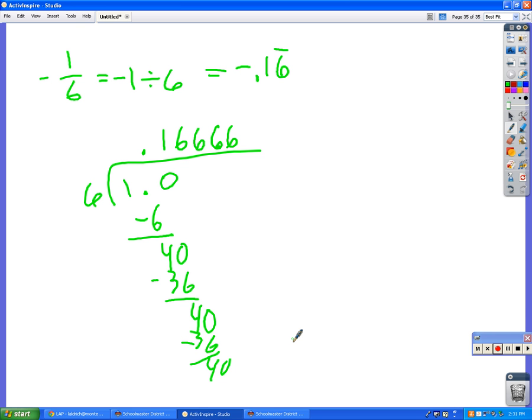To write a decimal as a fraction, what do we do? You put it over 100, or it might be over 1,000, or it might be over 10,000. Good. The number of numbers after the decimal tells you how many zeros.